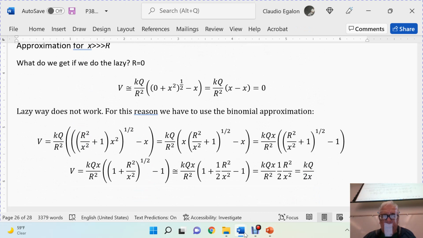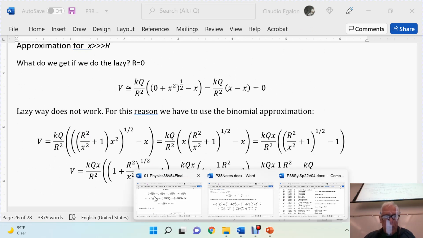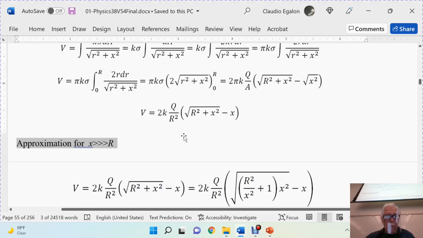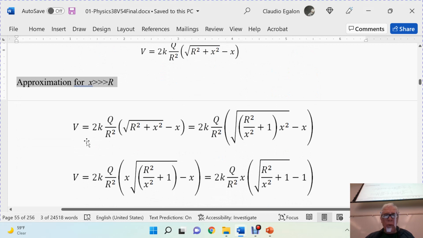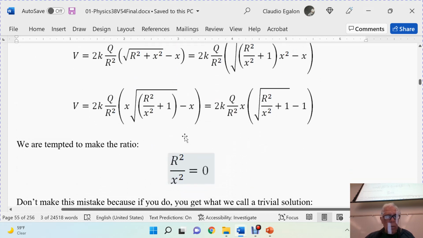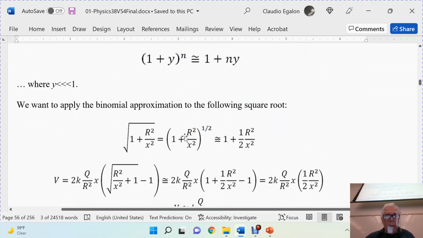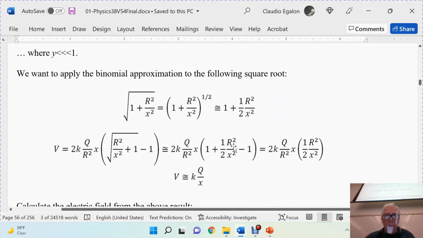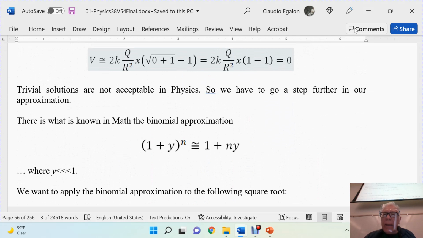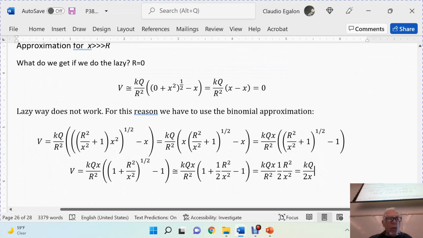I'm a little bit suspicious of this 2 downstairs. I don't think it should be there. Let's see what we got in my notes. We have a 2 here in front. Okay, so it looks like I forgot a 2 upstairs.